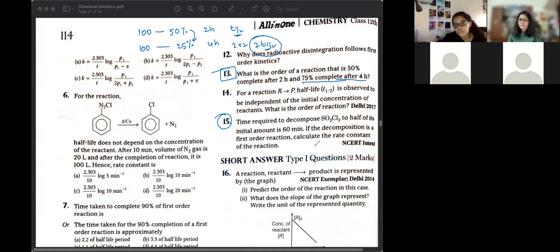Okay, so time required to decompose SO2Cl2 to its initial amount is 60 minutes. That means half-life is 60 minutes. So if the decomposition is a first order reaction, we know that T half is equal to 0.693 by K. So we simply rearrange the formula and put 60 minutes underneath that. So 0.693 by 60 should give us the rate constant. There you go. Very direct question.